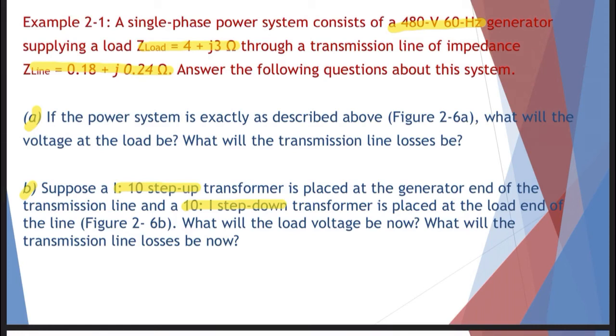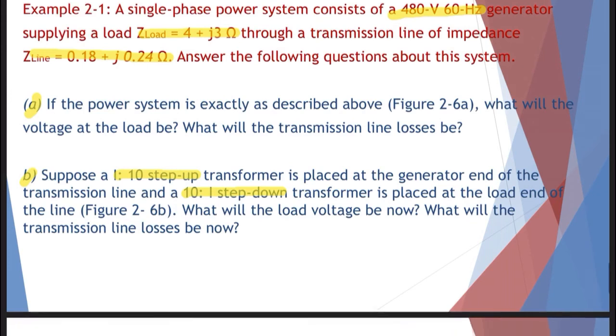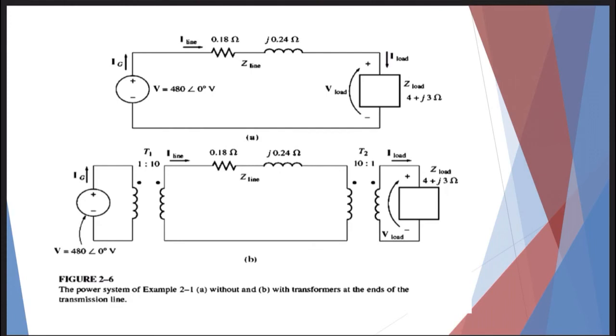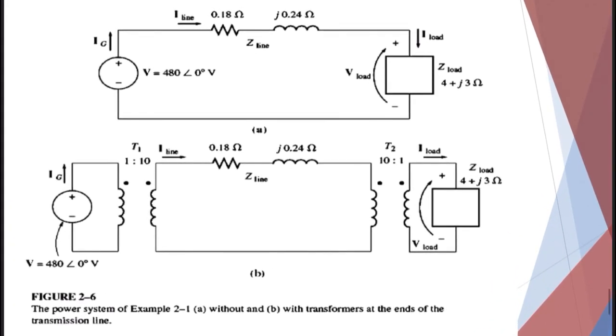Now let's start solving this example. By the way, these are the figures we have for this example. As you can see, this is the power system A without, and with a transformer in B. This is A. We have the supply, the generator here, 480 volt with the angle 0, and these are the transmission lines with the impedance.